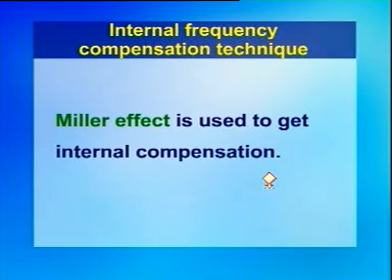In the internal compensation technique, we have the compensating network fabricated on the chip itself. That is, in internal compensation technique, we won't find any access to vary the component values of the compensating network. Miller effect is used to get internal compensation.